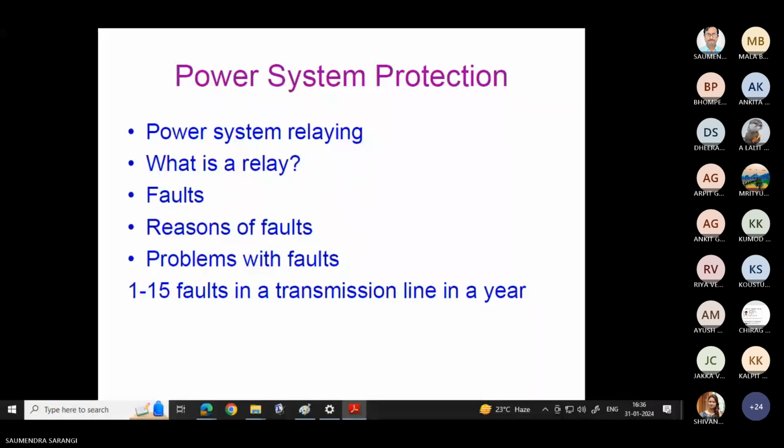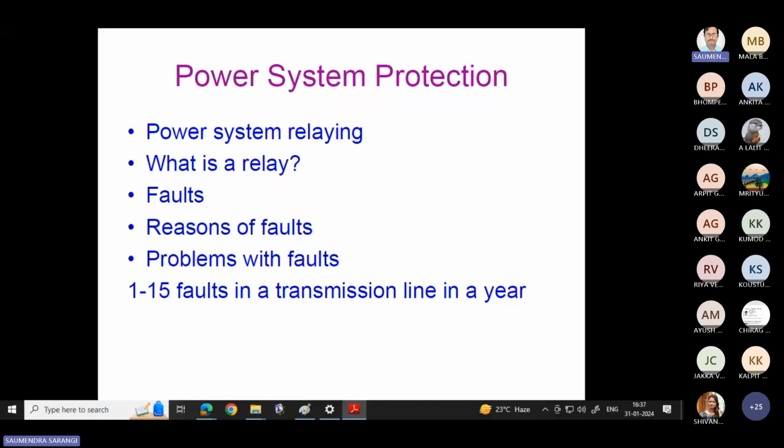The problem is that there are many incidents where we do not have any fault, but it is transient. For example, a tree comes to the transmission line due to wind, touches it, and after some time goes back. You understand that it is a transient. The fault is created whenever it touches, and then it is cleared automatically when it goes back.